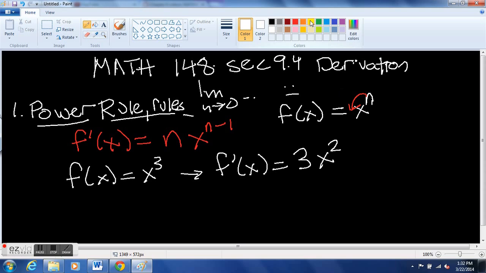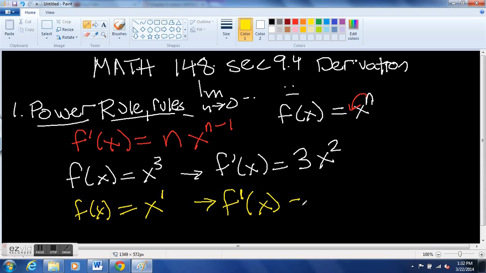Let's look at another case of the power rule. Suppose you had f of x is equal to x. What? That's not the power rule, but it is the power rule because if there's a 1 there, think of that, right? x is really x to the 1. Then the first derivative, f prime of x, is equal to, the 1 hops down in front, 1 times x, subtract 1 to the 0 is equal to 1.